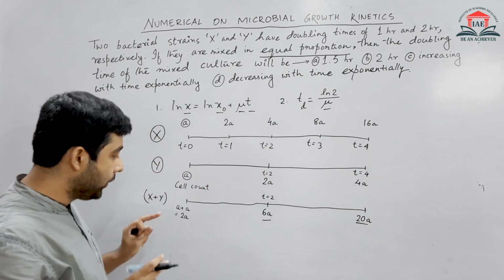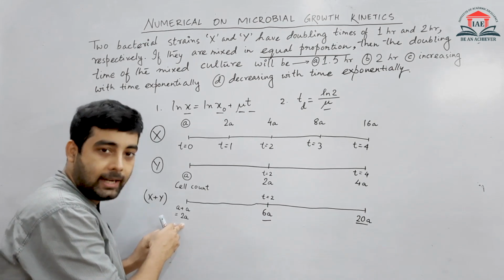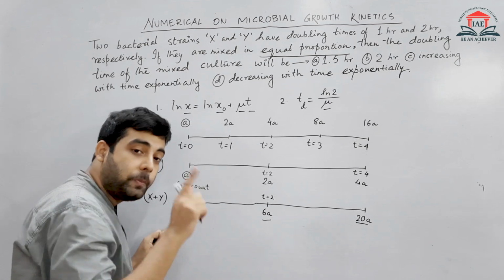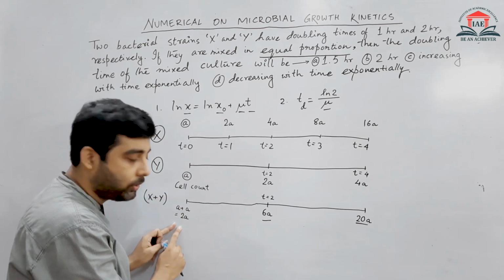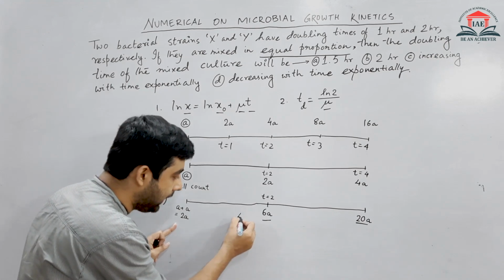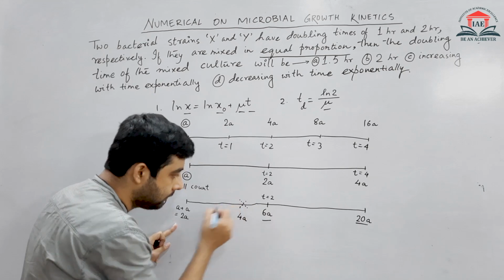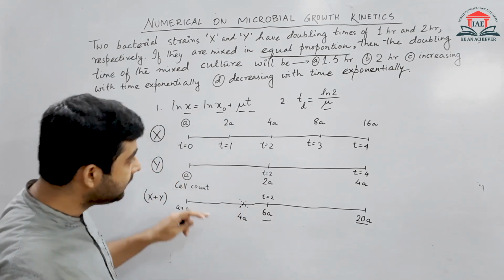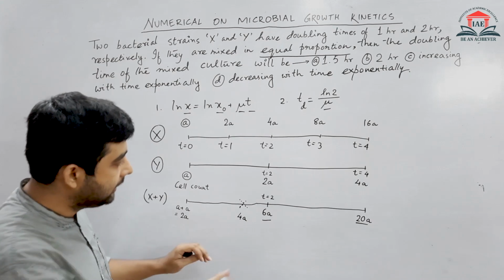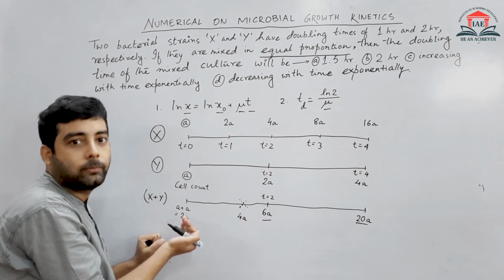Now let's see. Ideally, for this culture, we can say the doubling time should be a time point where this population reaches 4A somewhere here, right? Now, again, that means it will be definitely moving towards the time of inoculation.